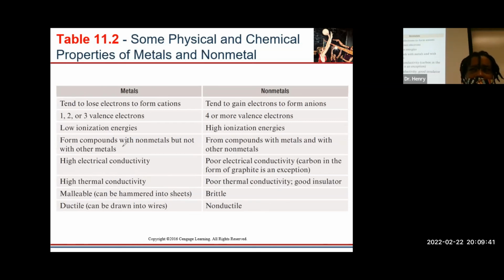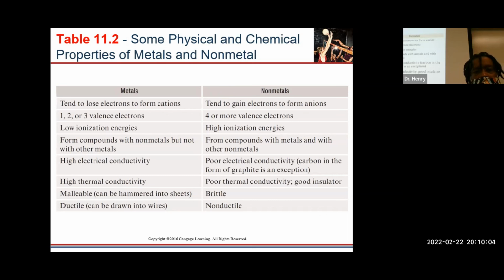They form alloys. We'll get to that later. They have high electric conductivity. They have high thermal conductivity. They're malleable, which basically means that you can pound them out into a nice little sheet, right? And they're ductile. That means that they can be drawn out into wires. So you can stretch them out so they form wires.